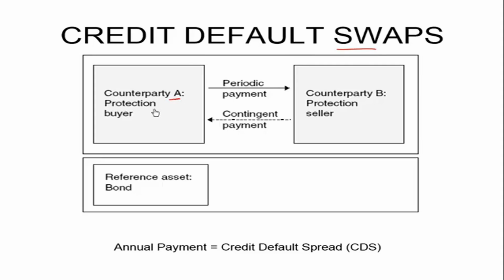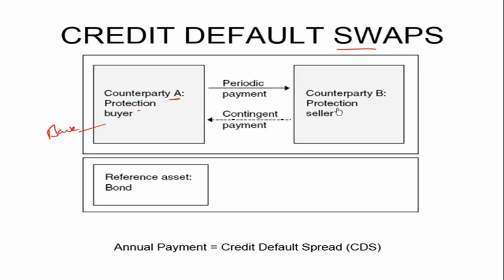Counterparty A is the protection buyer. He can be a bank with a concentrated loan portfolio, or another counterparty that has given somebody credit and now has a risk of default. The protection buyer generally is facing the risk of default and wants protection.